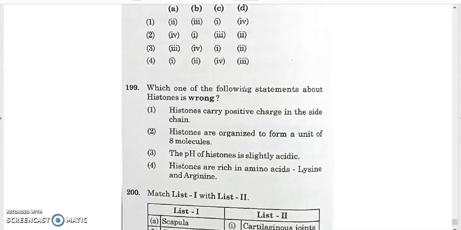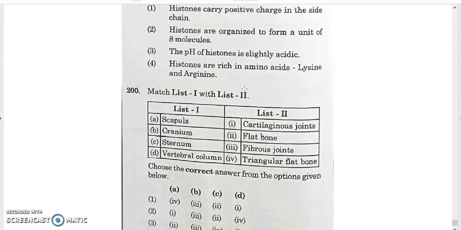There are also non-histone proteins that play an important role, like SAR or scaffold attachment region, or matrix attachment region. These are non-histone proteins which help in folding of the chromosome. So the wrong statement is option 3, that pH of the histone is slightly acidic. It is slightly basic in nature. So the answer is option 2.